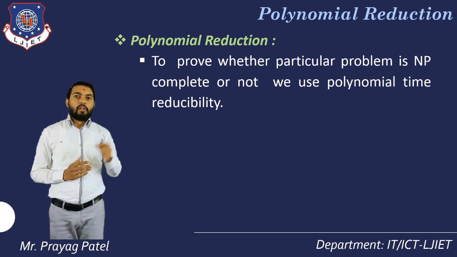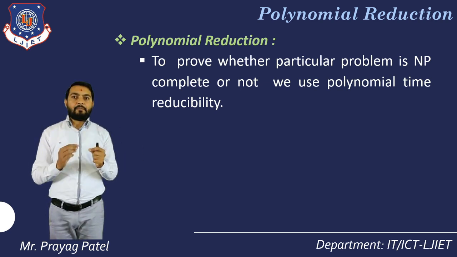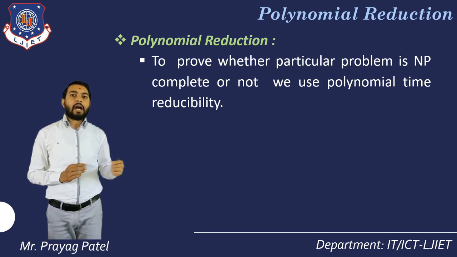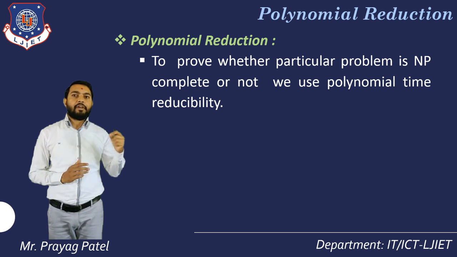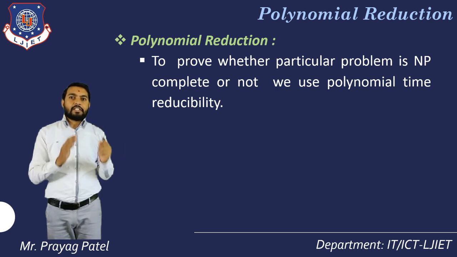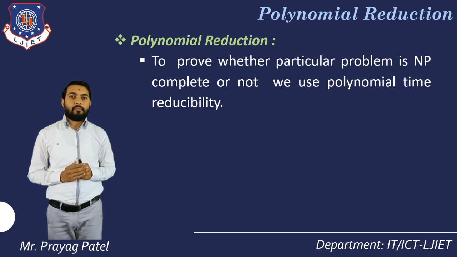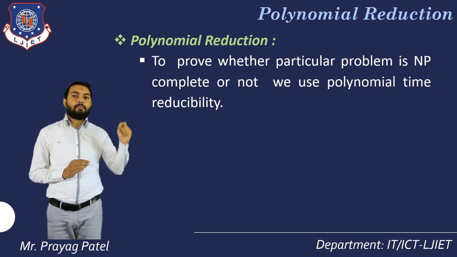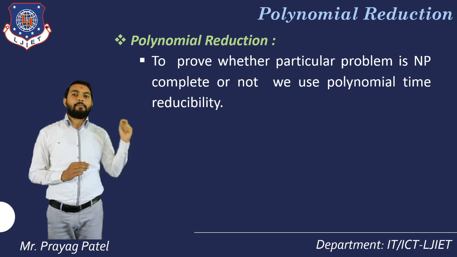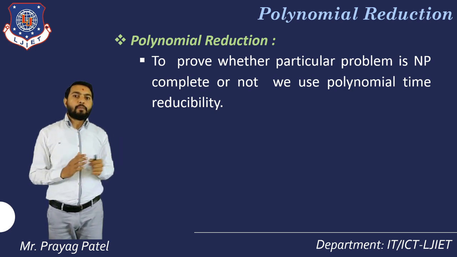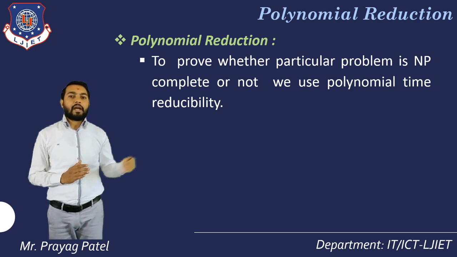To prove whether a particular problem is NP complete or not, that means NP complete or NP hard, we use the polynomial time reduction. That means this is applicable for the NP problem, not applicable for the P problem, because we use it to check whether an NP problem is NP complete or NP hard.